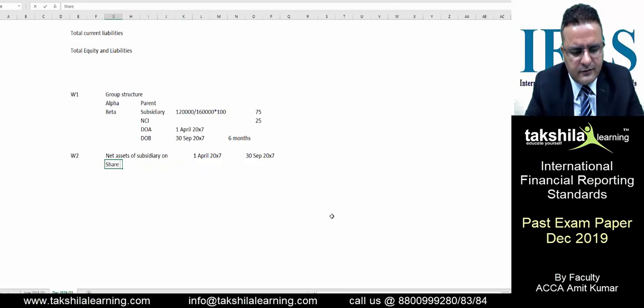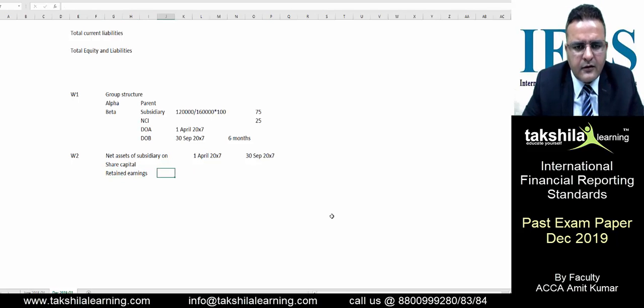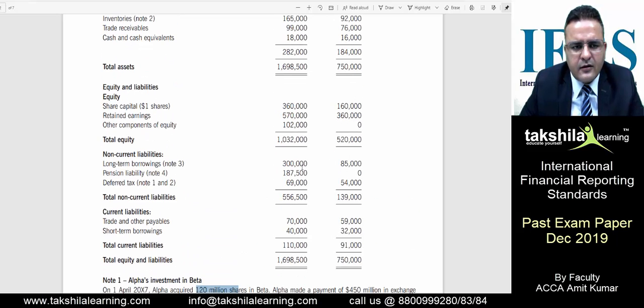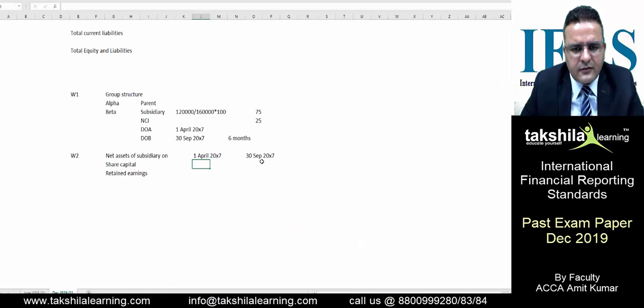Share capital, retained earnings. Share capital position of subsidiary is 1,60,000. Retained earnings is 3,60,000.